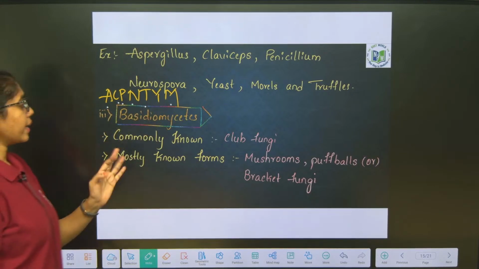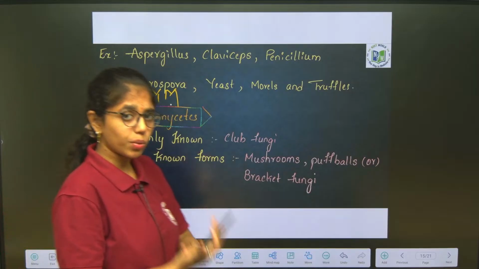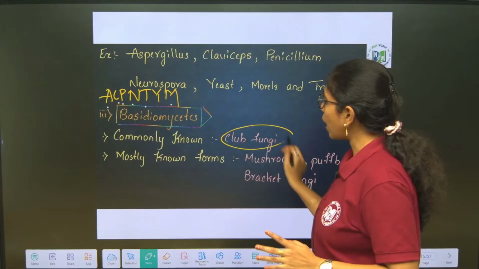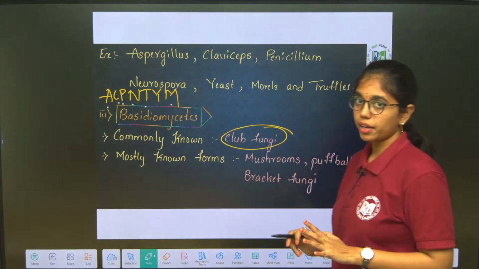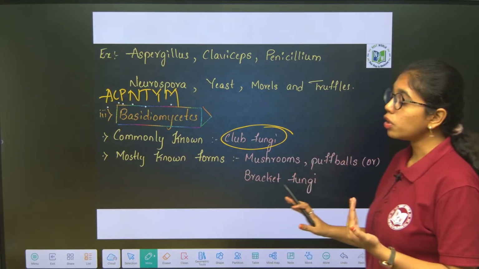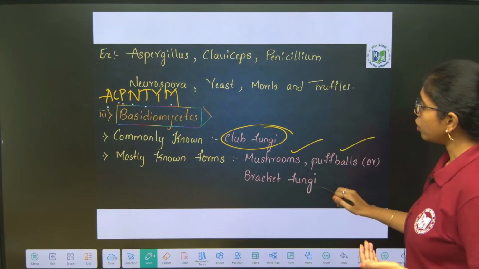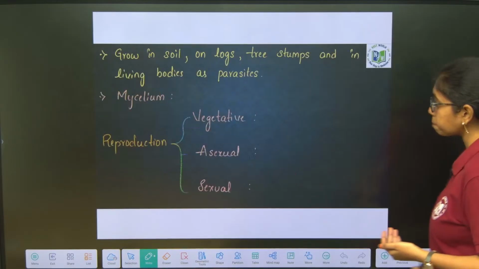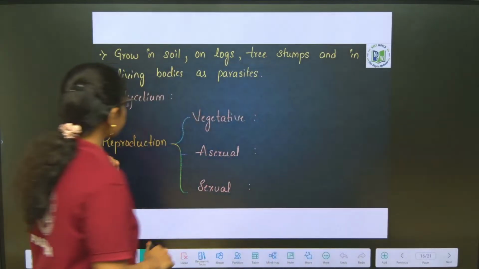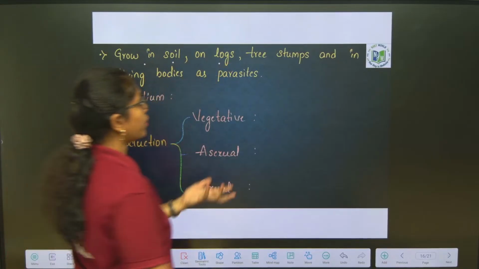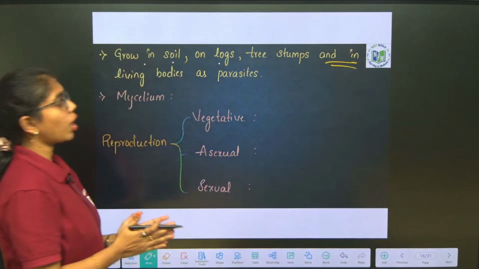Clear, right? And then the third class, which is the most advanced class of fungi, that is Basidiomycetes, commonly called club fungi. The most well known forms of Basidiomycetes are mushrooms, puffballs or bracket fungi. They grow in soil, on logs, on tree stumps, or in living bodies as a parasite.